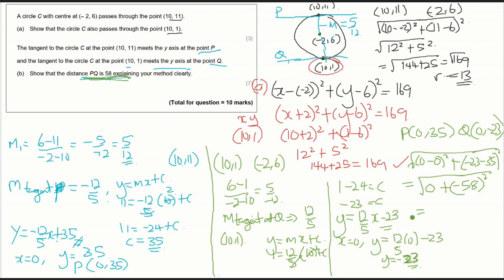Let me do that. 58 times 58, I got 3364. Then you square root that, and it goes back to 58. So therefore the distance is 58, and as we were required to show, it is shown.